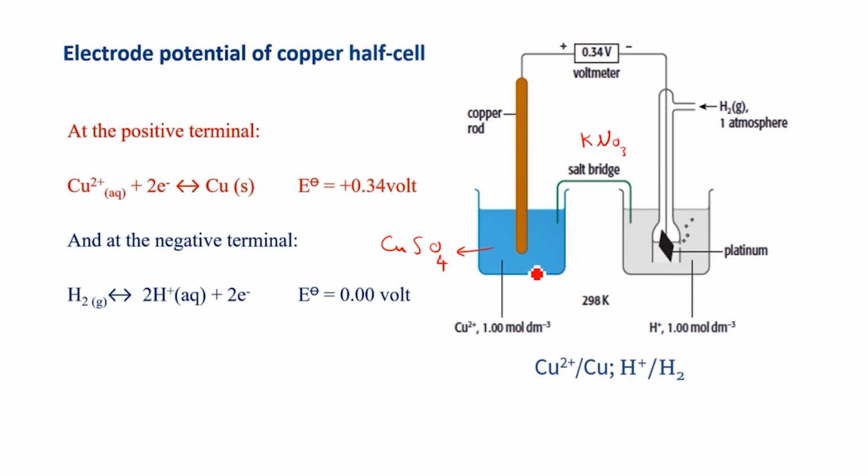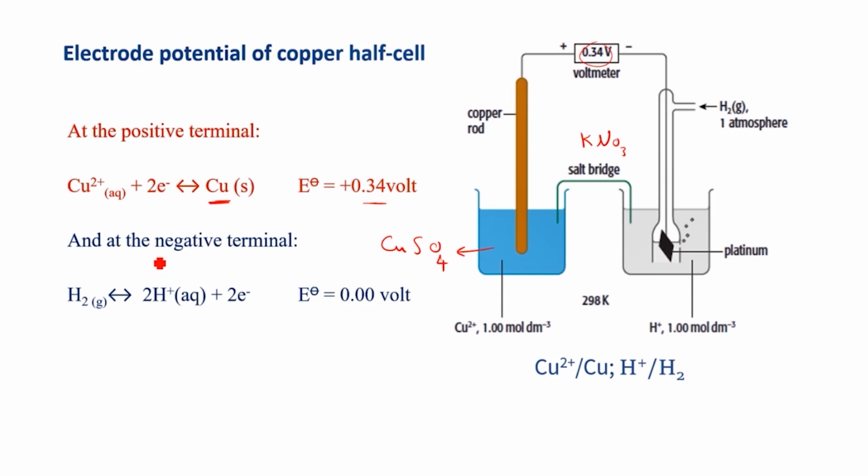The copper is considered to be the positive pole and the hydrogen is the negative pole. Once the circuit is completed, the voltmeter gives the reading 0.34 volts. If we look at the reaction at the positive terminal, we can see that copper ions take 2 electrons to form the copper metal.